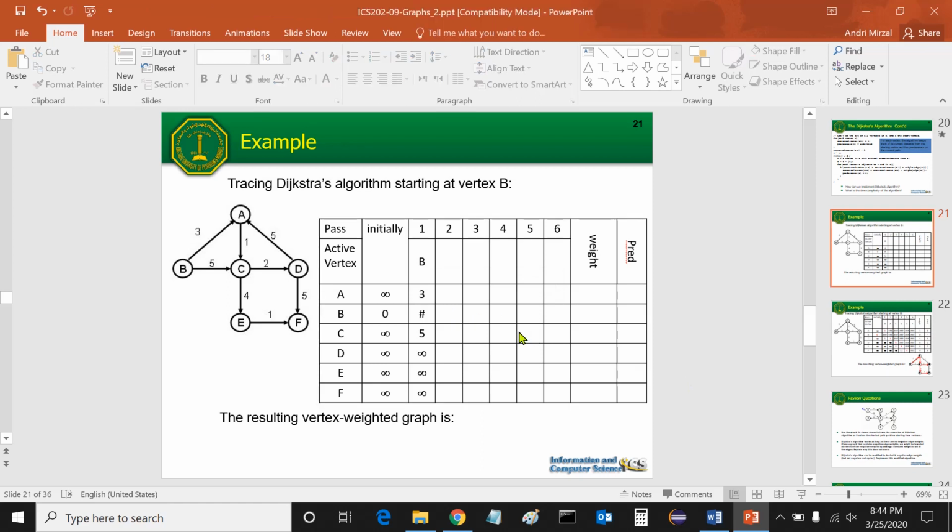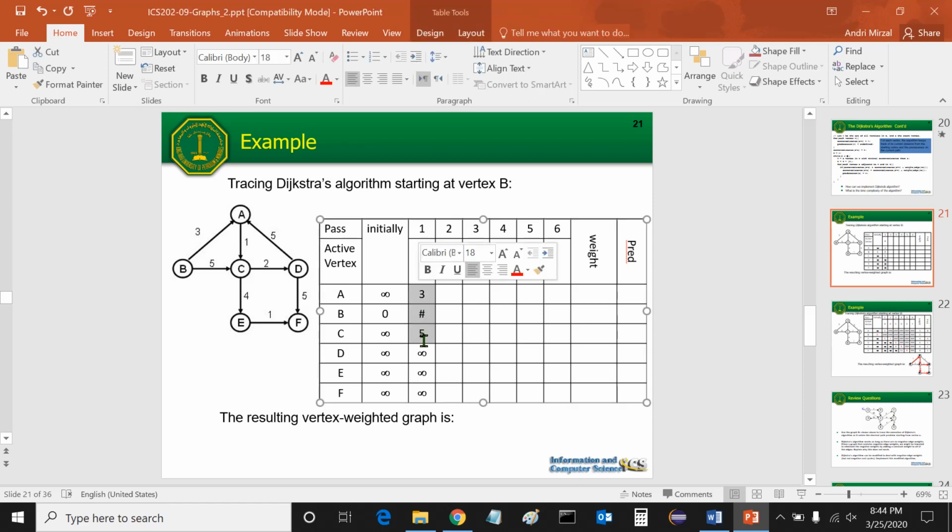Okay, now after that, we repeat the previous step. We need to choose the minimum number, okay? In that case, that will be 3, right? So that means the next active vertex will be A, okay? So now we just write down that A in the active vertex in the next column.